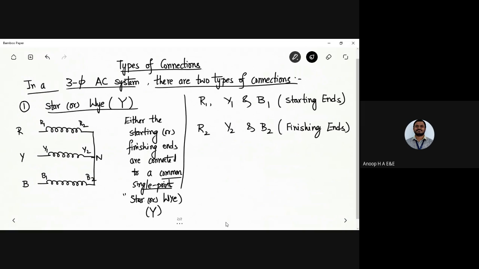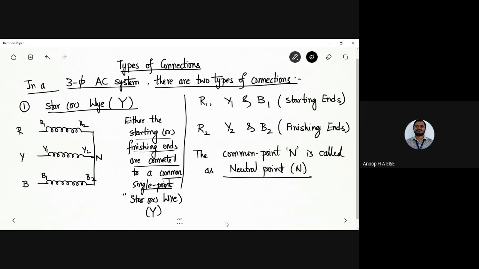Either the starting ends or the finishing ends are connected to one single common point, so that point is called the neutral point. The common point N is called the neutral point.